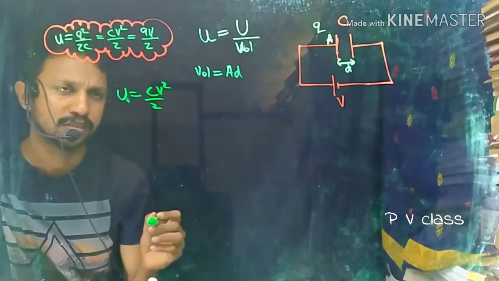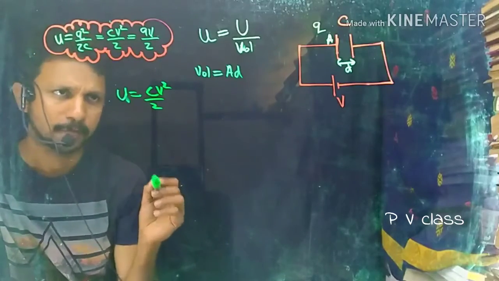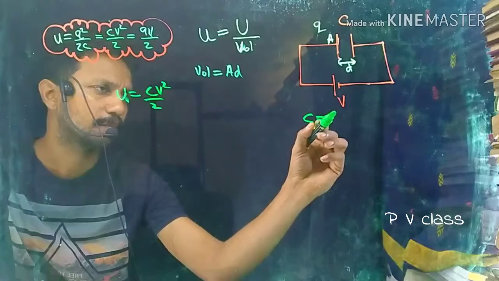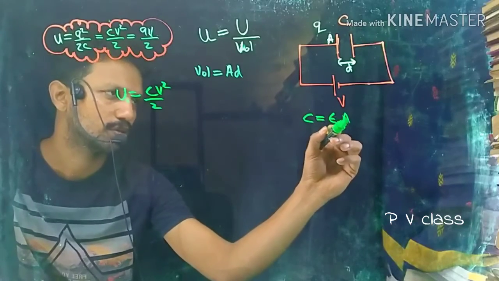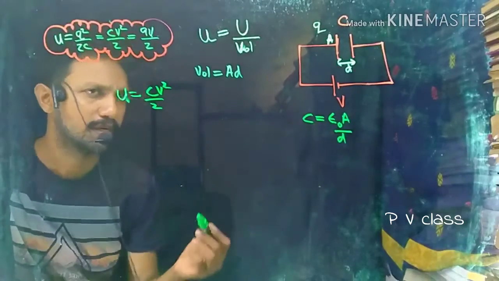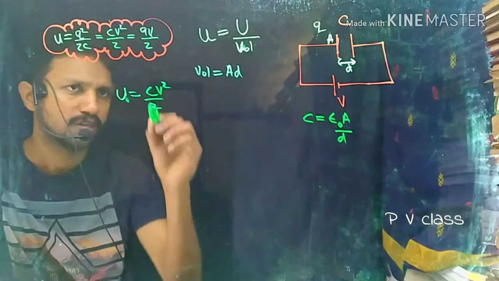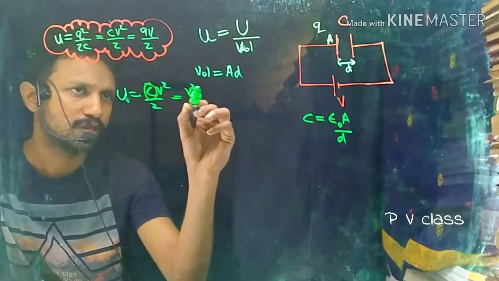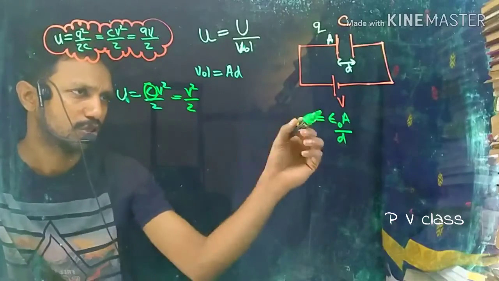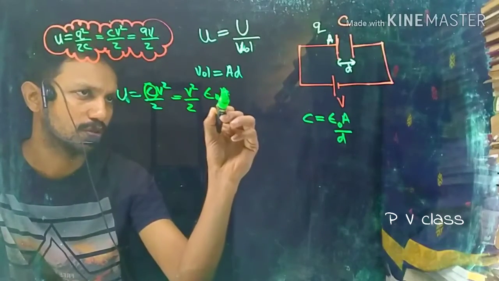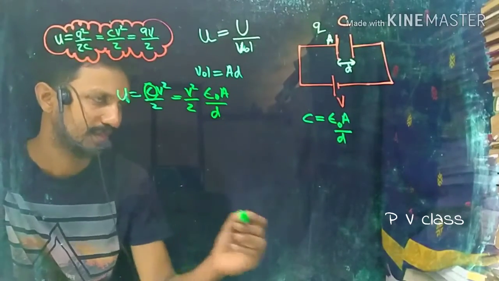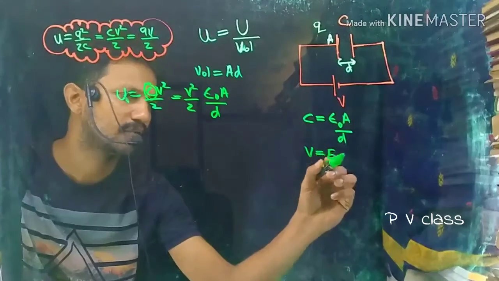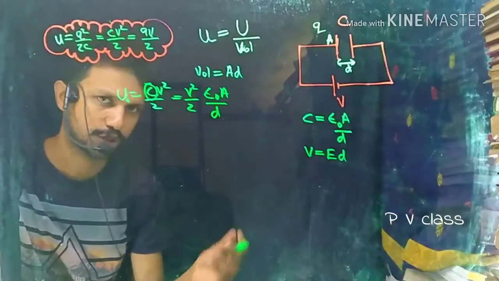We know the capacitance of a parallel plate capacitor is epsilon 0 A by D. If I am substituting for C, we could write V square by 2 into epsilon 0 A by D. Then we know potential is equal to electric field intensity into distance of separation.